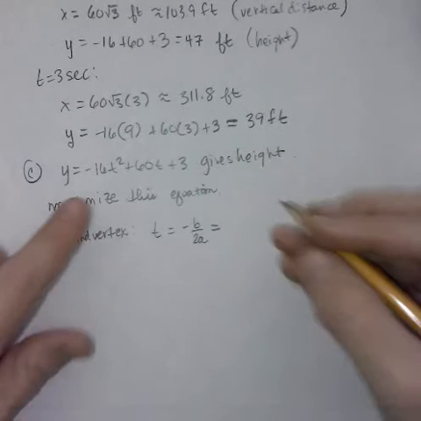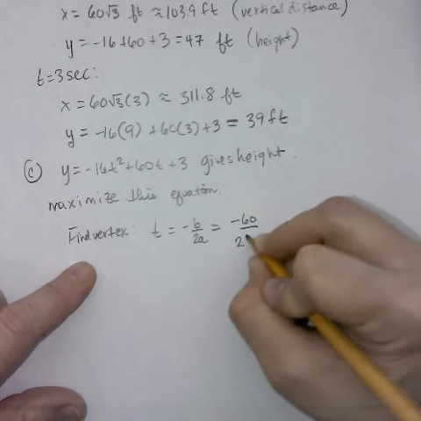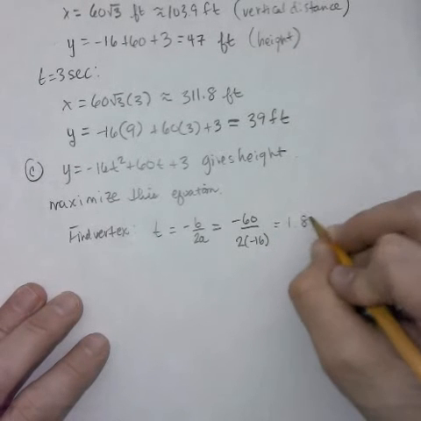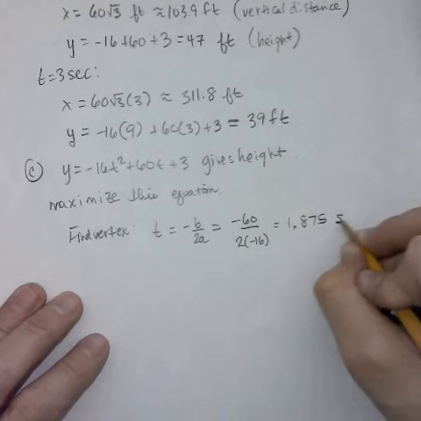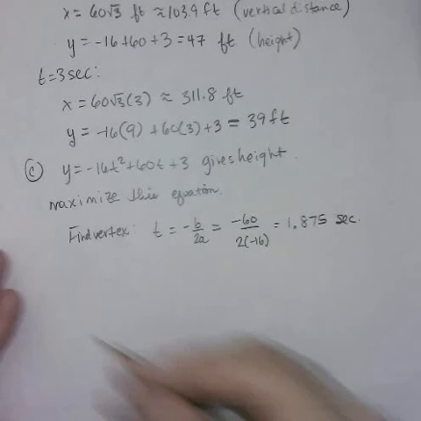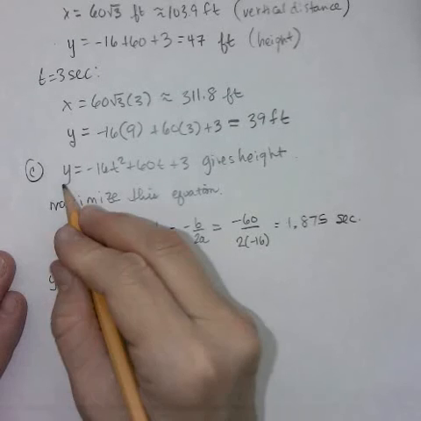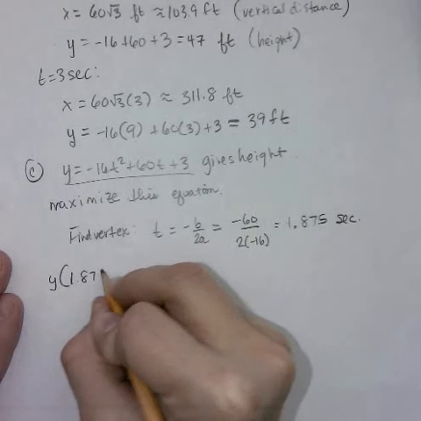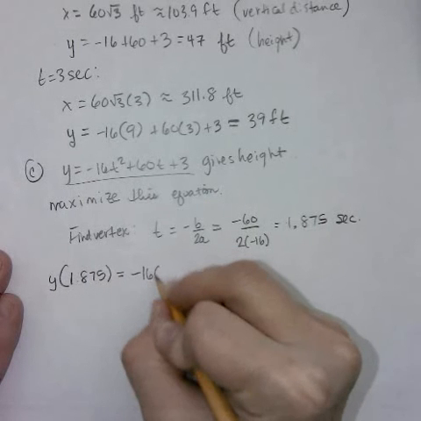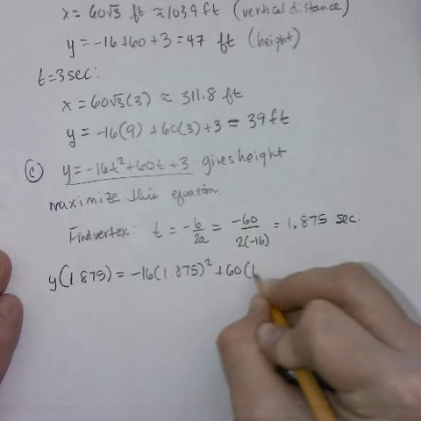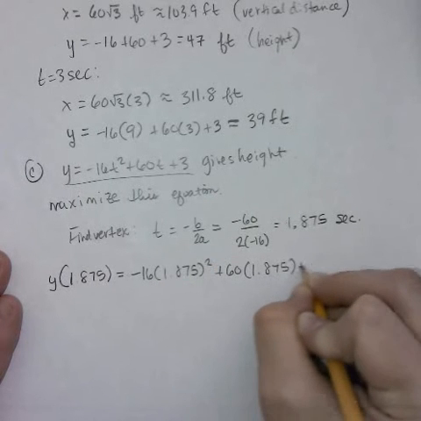So this is negative 60 over 2 times negative 16. 60 over 32 is 1.875 seconds. And so now we need to plug that into the equation to find the max height. So y at 1.875 is negative 16 times 1.875 squared plus 60 times 1.875 plus 3.